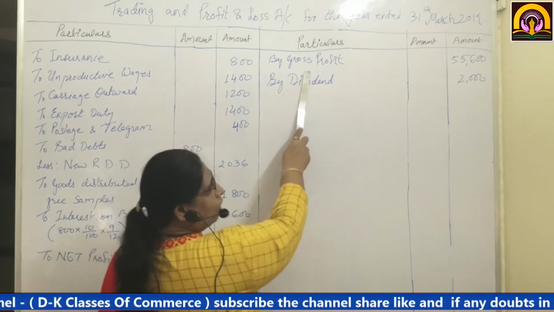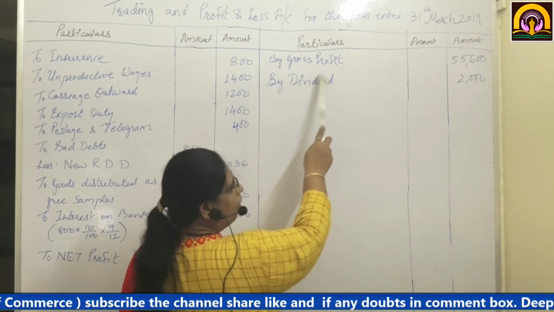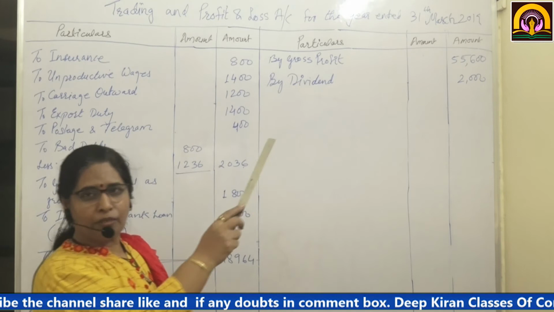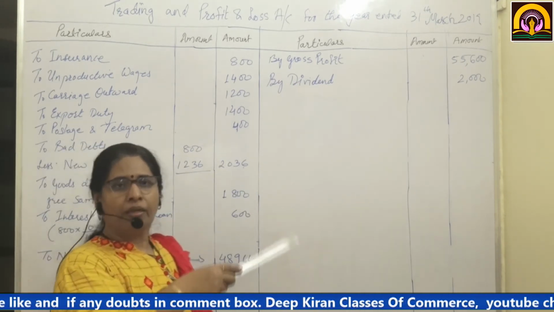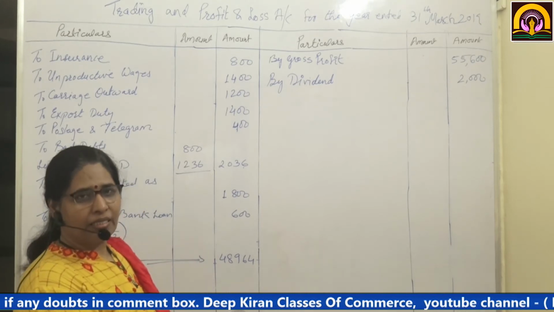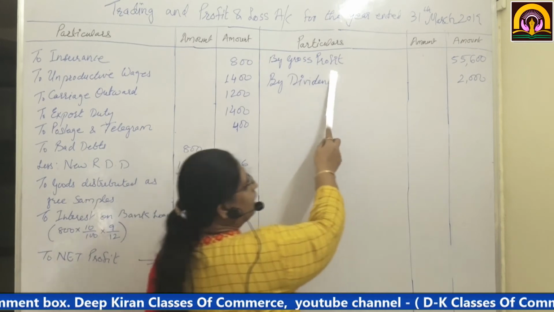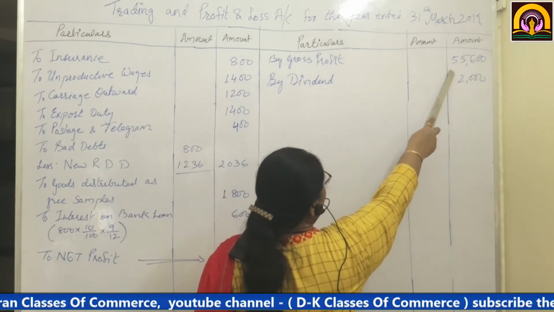There we have written on the trading account debit side, to gross profit. Now on the credit side we have written it, because the profit and loss account is a nominal account, under which we debit all expenses and losses and credit all incomes and gains. So gross profit is our income. So 55,600 is our income.